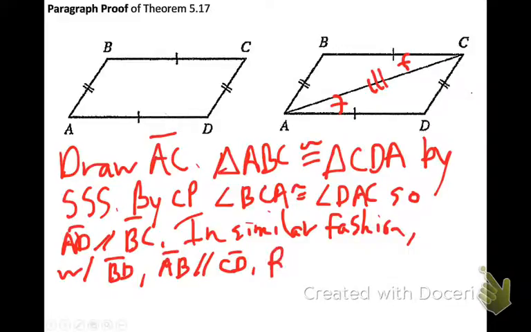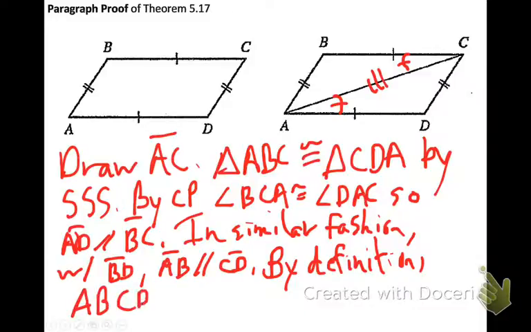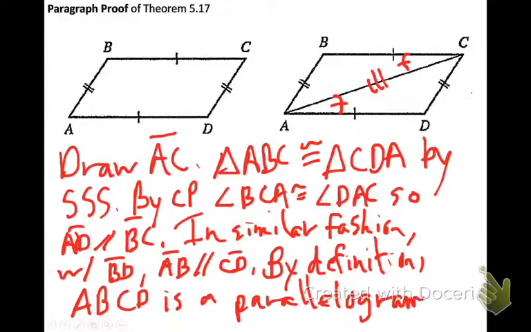So by definition, ABCD is a parallelogram. That's a paragraph proof.